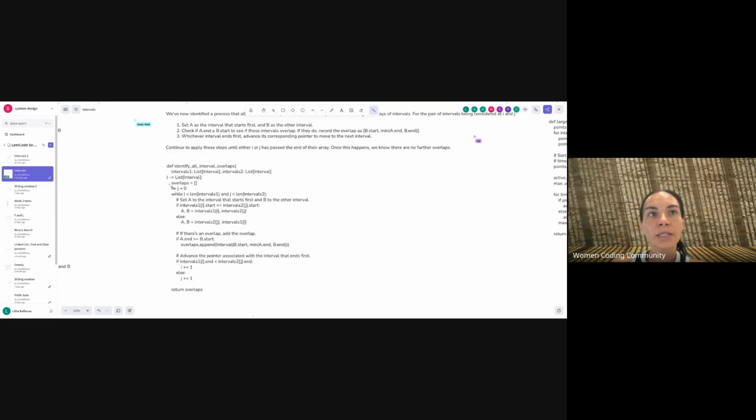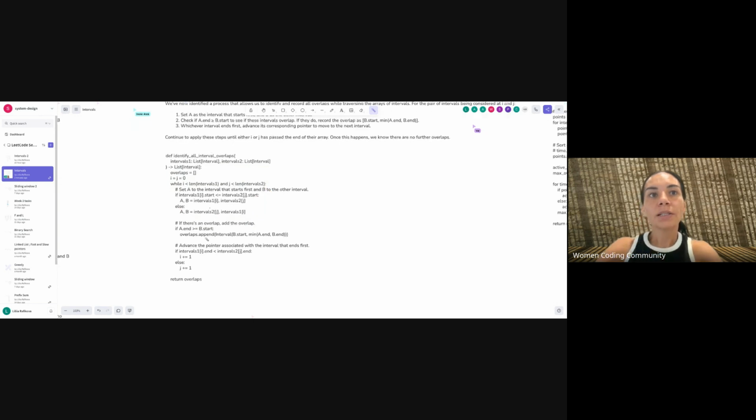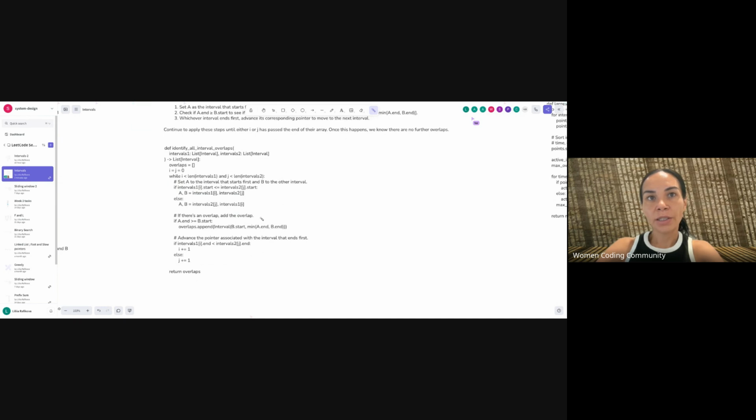So we start with our two sets of intervals. We are setting i and j at 0. We are entering into the loop. We are choosing who is our A and who is our B, depending on the start time. Then we're checking if they are actually overlapping or not.